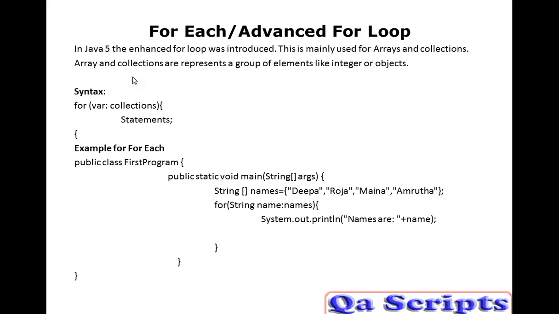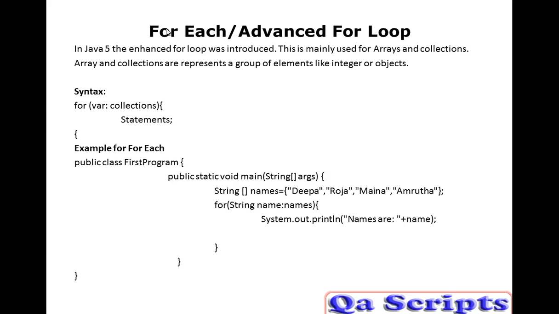I have created a program having an array of type string, and the name of the array is names. Inside the curly brackets, I have given 4 different names, that is Deepa, Roja, Maina and Amruta. If I want to retrieve these names, I am using the advanced or for each loop.